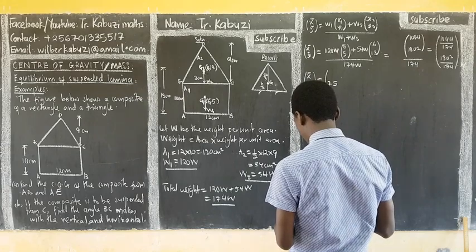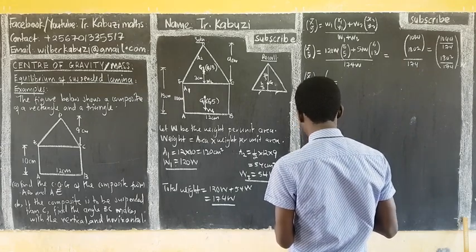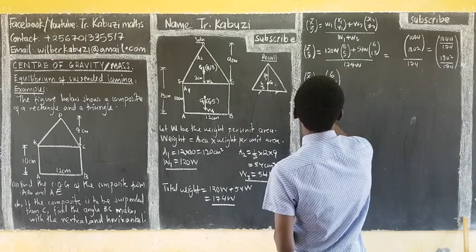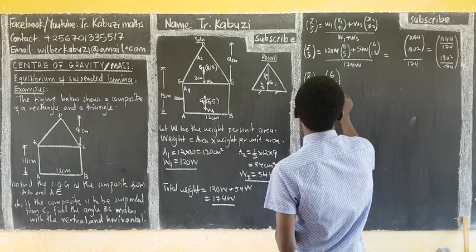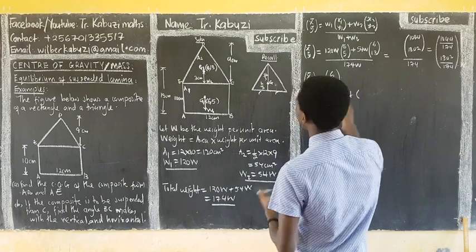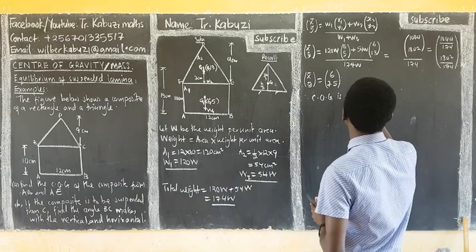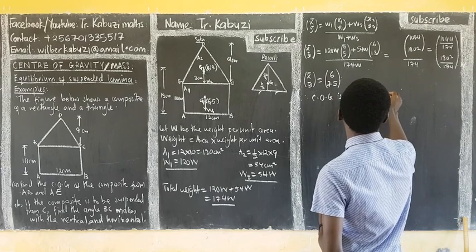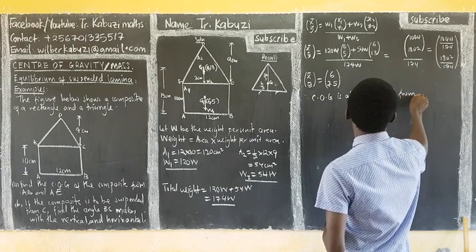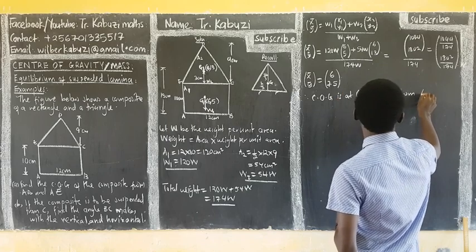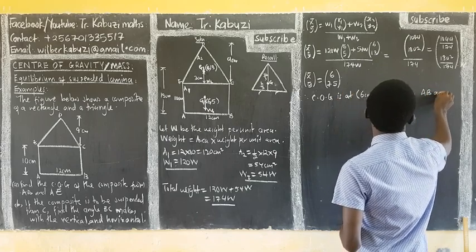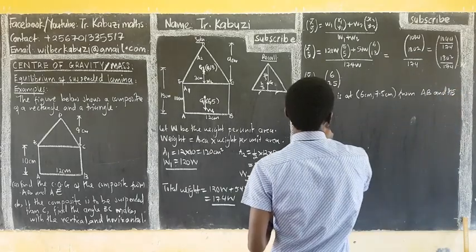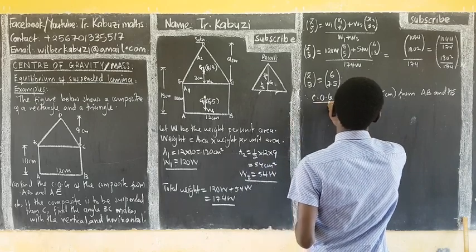Then I simplify the upper. I'm getting 6. So therefore, our center of gravity is at, of course these are centimeters, 6, 7.5 centimeters from AB and AE. From AB and AE as our axis, that will be our answer there.